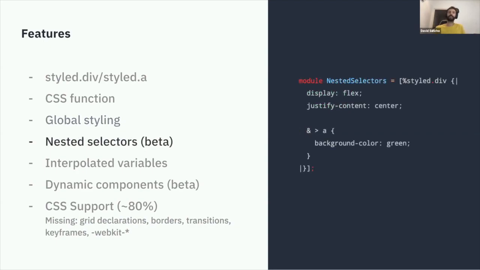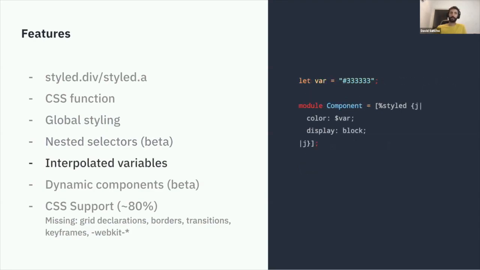The other one is nested selectors. It's currently in beta because we will see it very soon. But the idea is the same. You would have these semantics that you used to have in Sass. Right now you cannot, but it's on the roadmap to reference other components, so you could hover and then change another property of another component. So that's very powerful. The other one is interpolate variables.